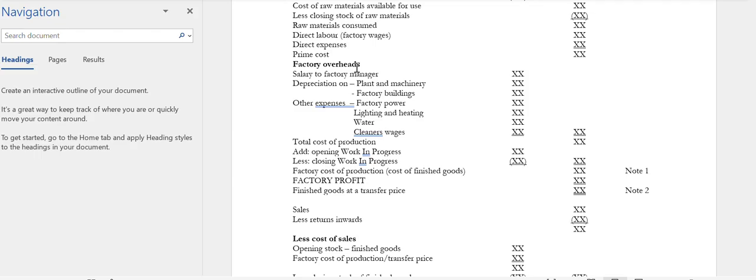total cost of production. But before you get the cost of completed goods, remember in the manufacturing department, our aim here is to get finished goods so that we can sell these goods to the market at a profit maybe, right?